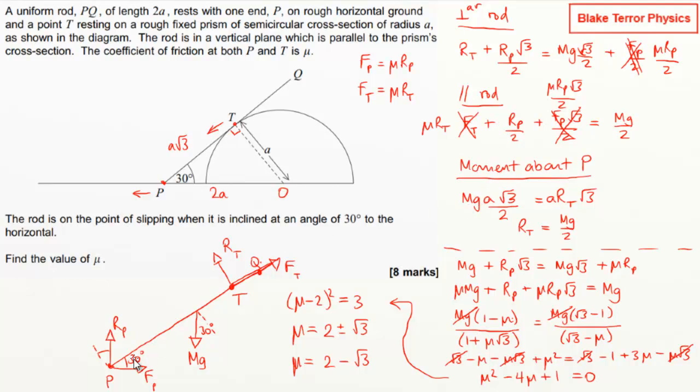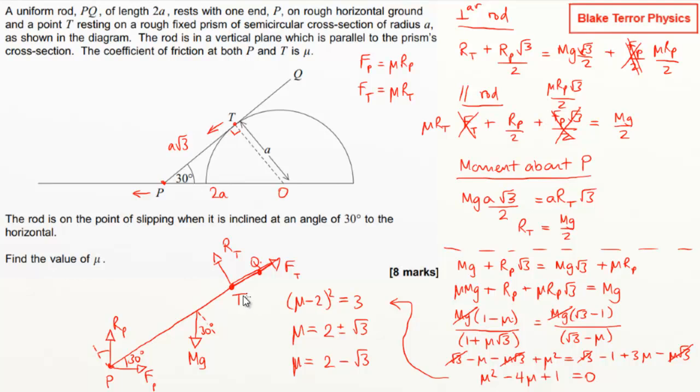Then we got rid of moments. Now you could have taken moments somewhere else. Again, that probably would have been fine. If we'd taken moments about T, okay, we would have had an RP and an FP in it, but we can express FP in terms of RP. You've just got a slightly more complicated moments equation. It won't stop you from being able to answer it.